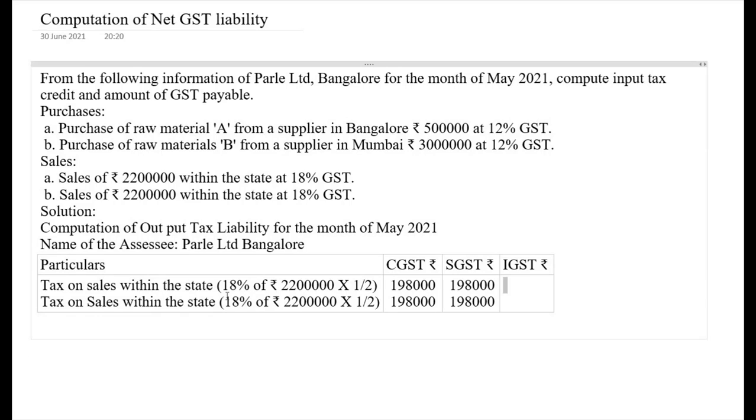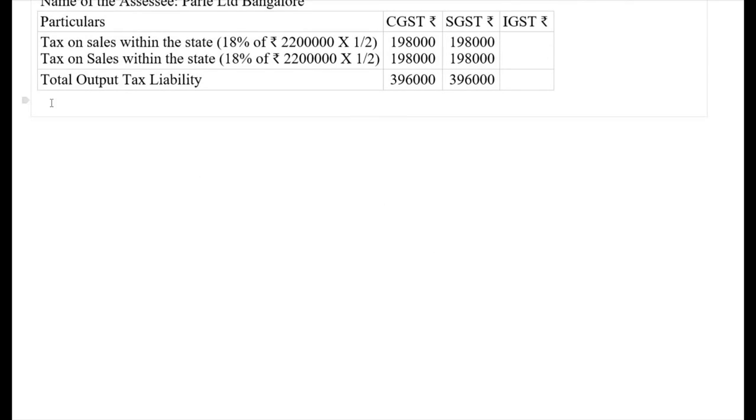So when we take up the sum of this, the total output tax liability will be rupees 3,96,000. 3,96,000, here also 3,96,000.